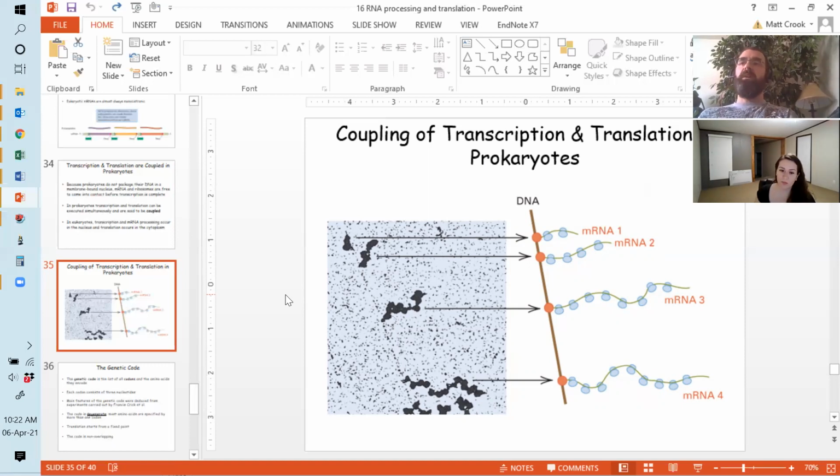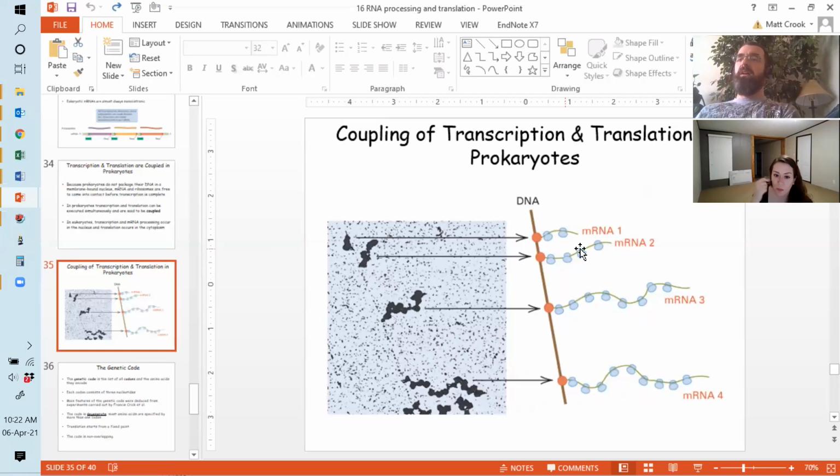You don't see them in prokaryotes. And so that means that as soon as that DNA starts getting transcribed, we get that mRNA. Once the start codon appears, a ribosome can assemble on it and begin translation.